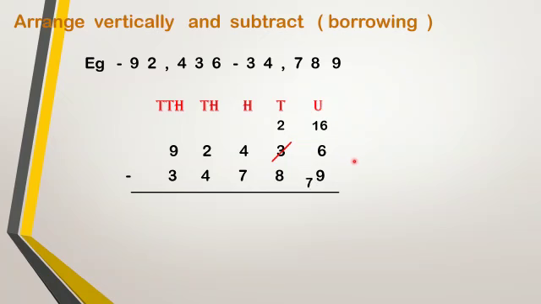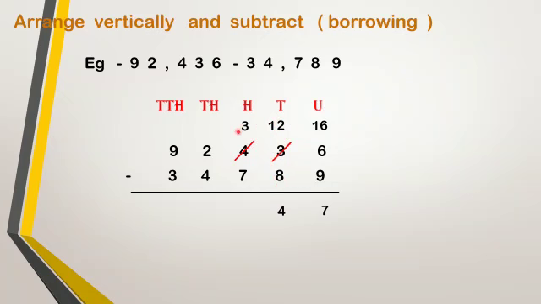Now from 2, again I cannot subtract 8. So what do I do? I borrow. From 4, I borrow 1. How much is left over here? 3. 12 minus 8. What comes after 8? 9. And I stop at 12. 9, 10, 11, 12. 4.